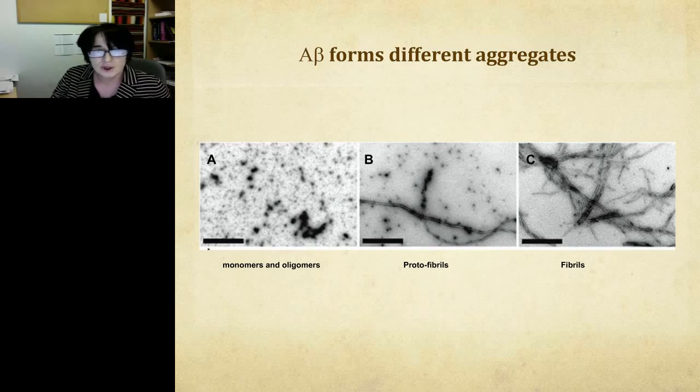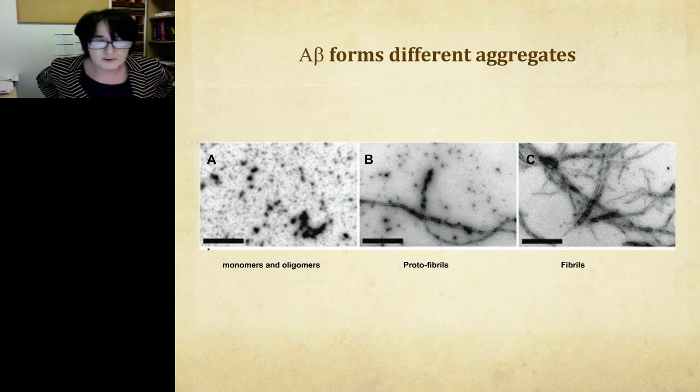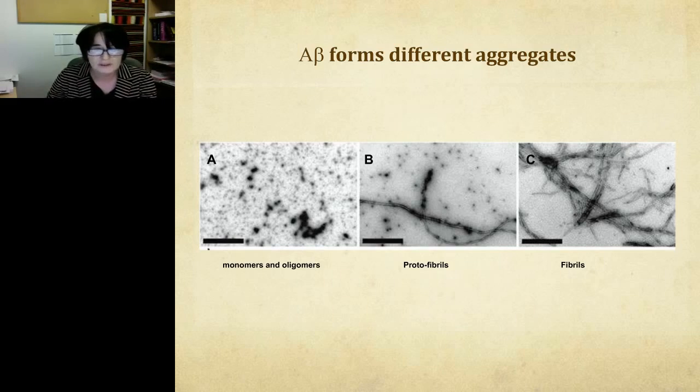On B are shown protofibrils, and on C bigger aggregates, fibrils that usually comprise the amyloid plaques. The monomers and oligomers are usually called the soluble form of amyloid beta, and fibrils that form the plaques are also called insoluble amyloid. Recent data suggest that soluble A-beta oligomers are more dangerous for cognitive function.